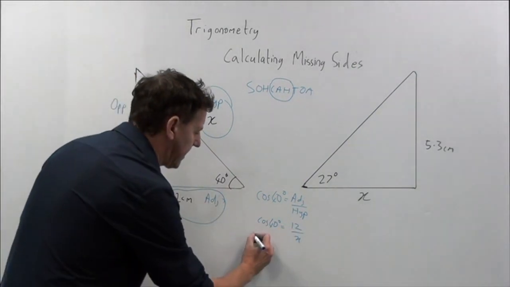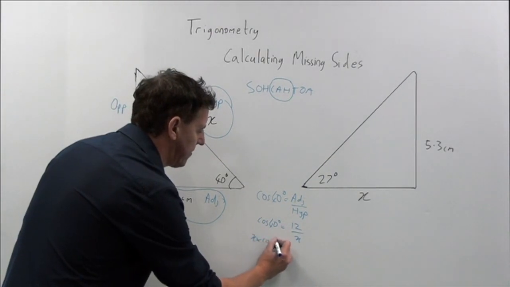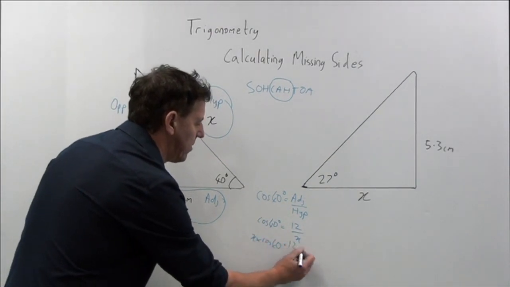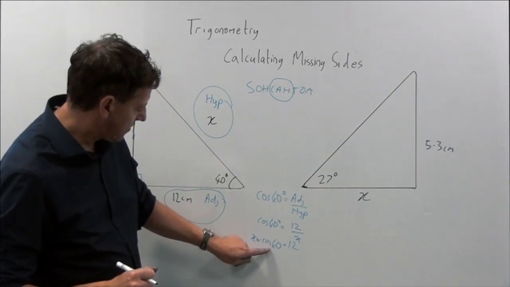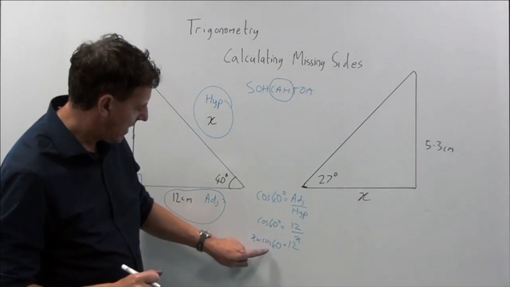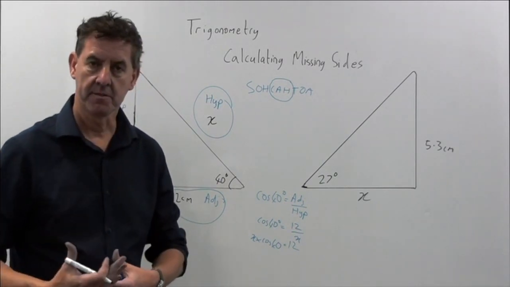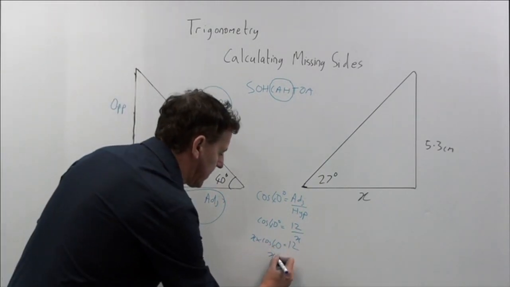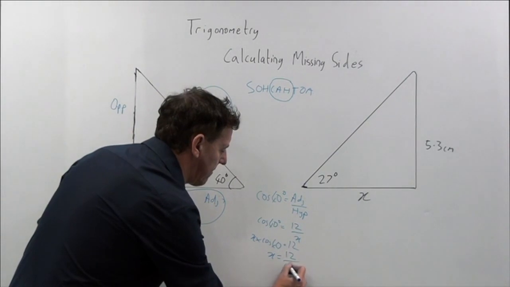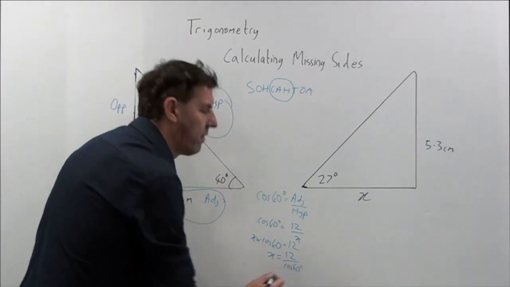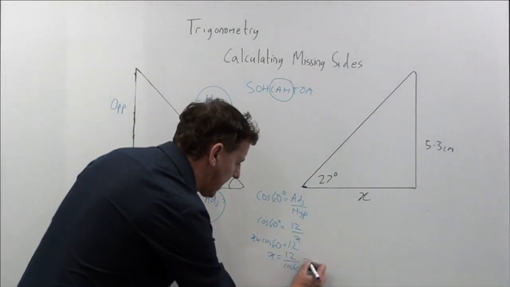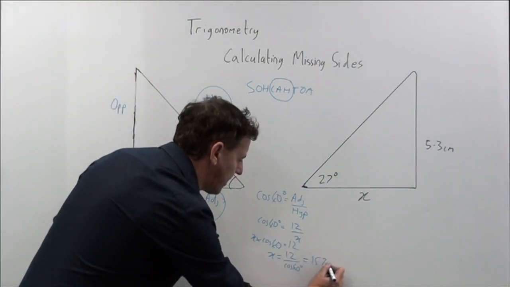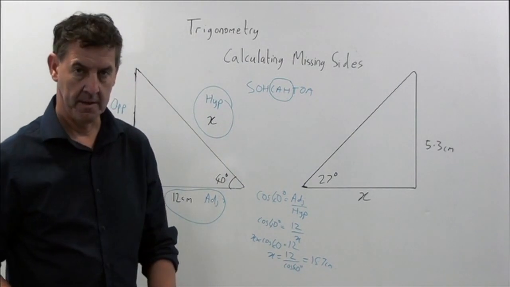So that's x times the cos of 40 is equal to 12. How do I now get rid of the cos of 40, because the 12's out the way already? I must divide by the cos of 40. So x equals 12 divided by the cos of 40 degrees. When you type that into your calculator, you get an answer of 15.7 centimetres.